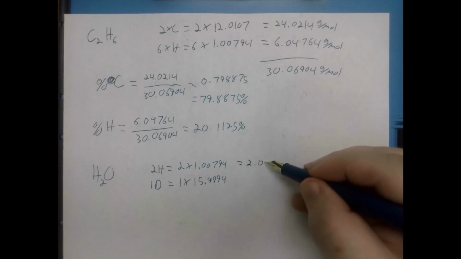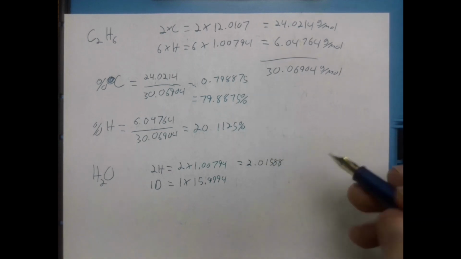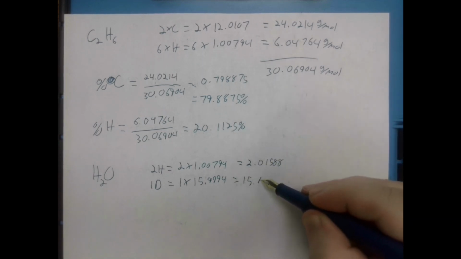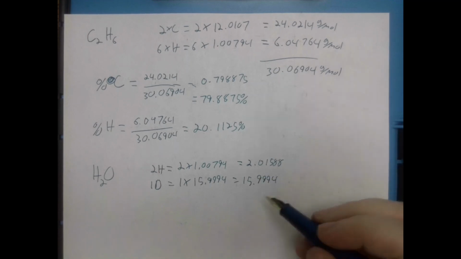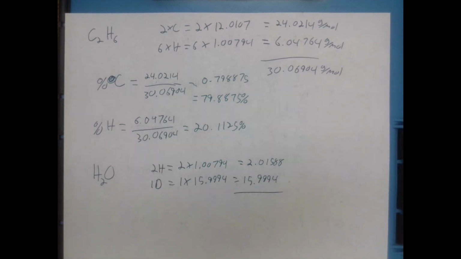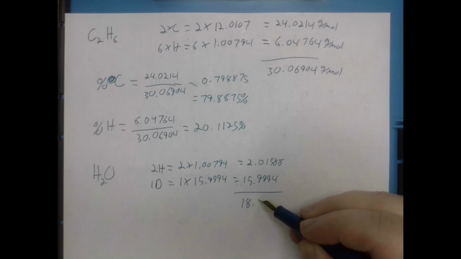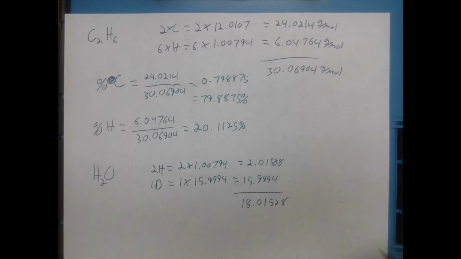Which would equal 2.1588. And the total sum is 18 point something, .01528 grams per mole.